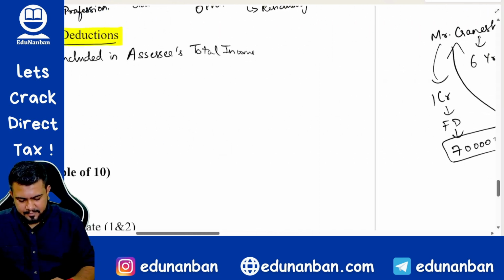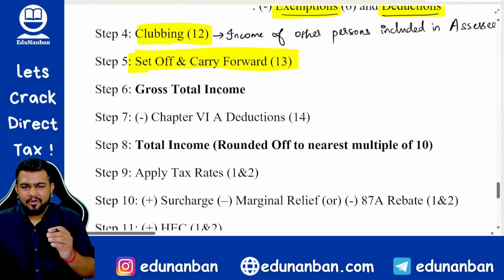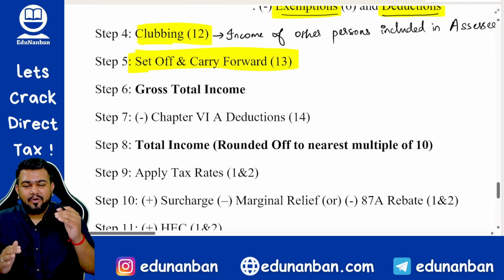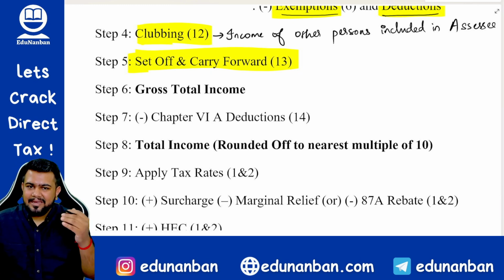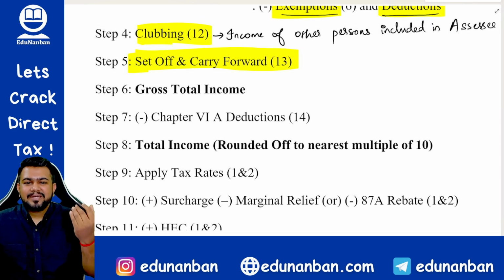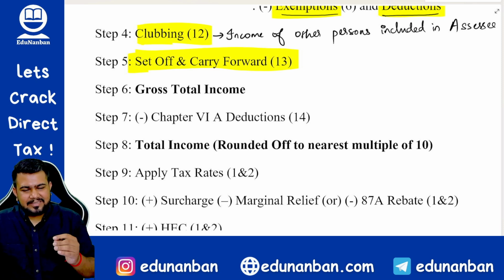Okay. There are multiple rules of carry forward and set off: which income and which loss you can set off against one another, which losses you can carry forward, and for how many years. Everything we are going to learn in detail when we discuss the set off and carry forward chapter.